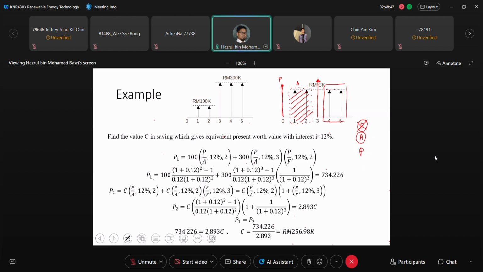So in this case, A and P, what is given, what is necessary to find? We want to find P. The given value is A, the annuity. So the compound interest factor that we need to use has A at the numerator and P at the denominator. 12%. How many years? 1 year, 2 years. So C times P over A, 12%, 2 years.